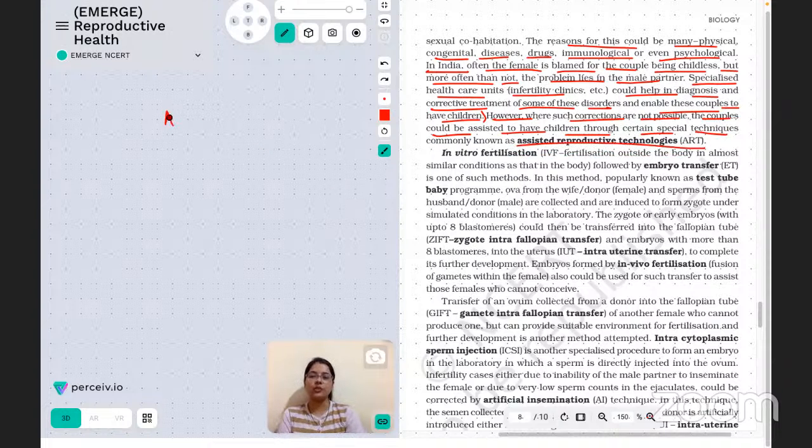Now, we are going to talk about some of these specialized techniques, which are called ART, which is assisted reproductive technologies in simple language. मतलब एक सोल्यूशन, एक रेमेडी टू इनफर्टिलिटी हम बोल सकते हैं.